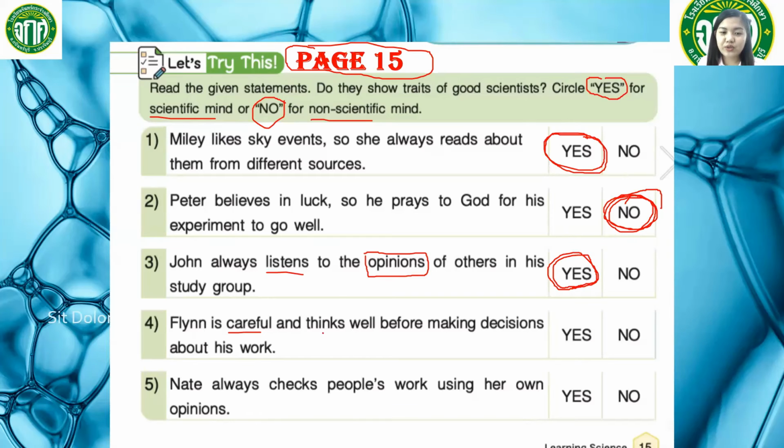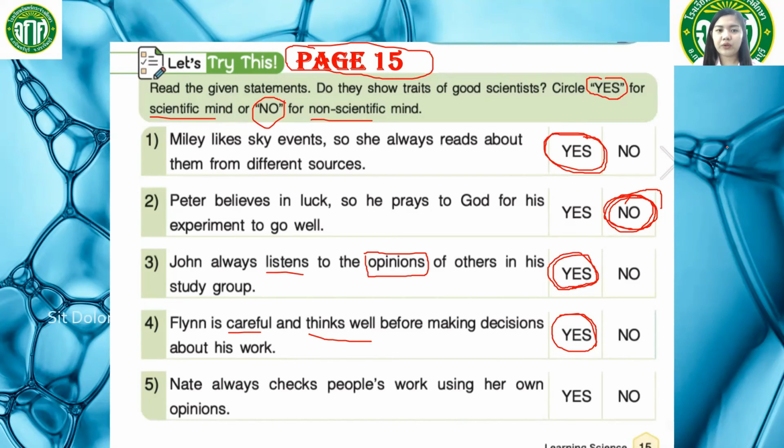Is that a yes or no? Yes. Very good. The answer for number 4 is yes. Very good, Irene. So you have to be careful and you have to think well before making decisions about your work.